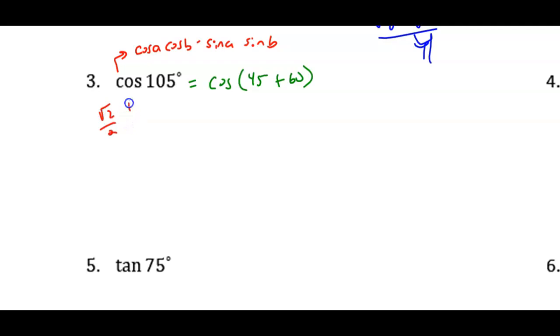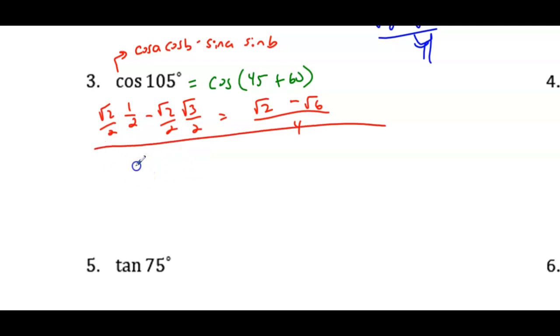Cosine of 60 is 1/2. And all this is coming from the unit circle. Sine of 45 is radical 2 over 2. And sine of 60 is radical 3 over 2. So that gives me radical 2 minus radical 6, all over 4.